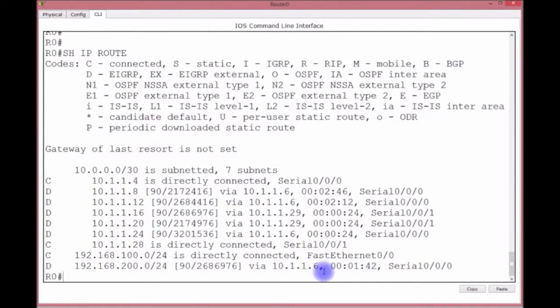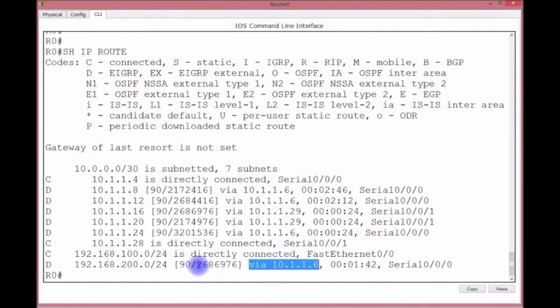And there you can see that we're learning about the 10.1.8, the 12, the 16, the 20, the 24, and the 200. Now, if you look at the 200, which is the destination we want to get to, you see that it's going via the 10.1.16. So it's going up, not down. Okay? So apparently this is the best route for that particular router.